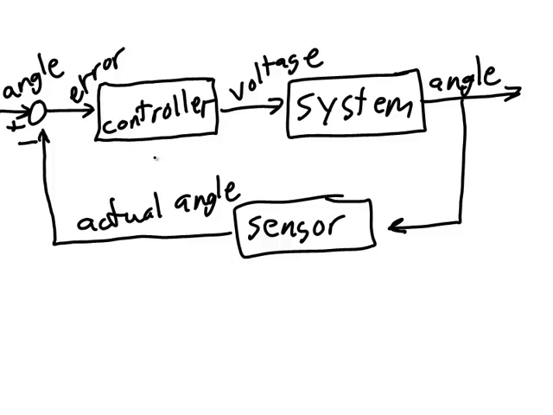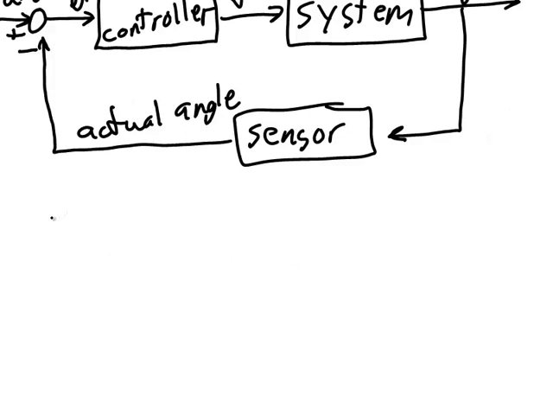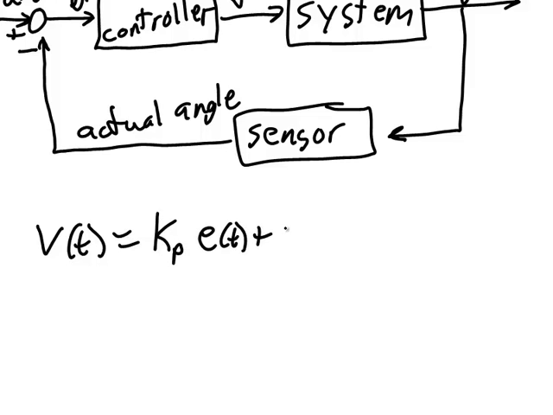That sort of calculation would cover all of our bases. So the transfer function should look something like this. We want to have the voltage to the motor be equal to some kind of a value times the error, plus some kind of a value times the derivative of the error.